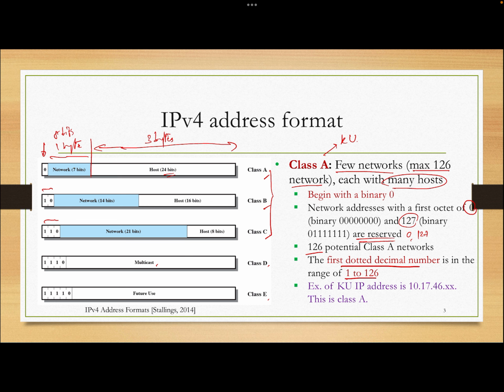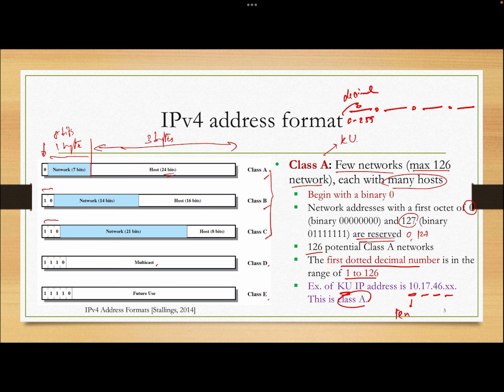Dotted decimal is like decimal dot decimal dot decimal dot decimal; these are all decimal numbers. For Kasetsart, for example, it is 10 dot 17 dot 46 dot something. So this is 10, a decimal number, so this is class A. In binary representation each part would be 8 bits, but in decimal it would be 0 to 255 for each number.